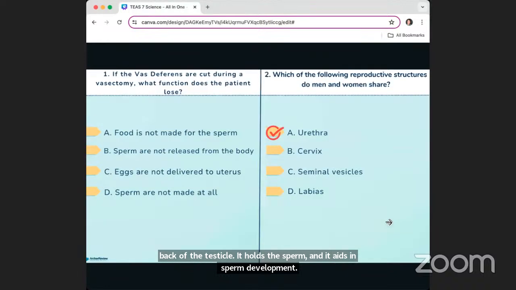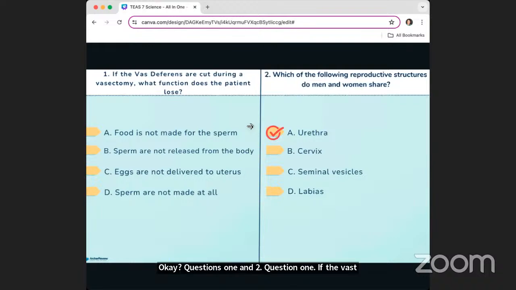Okay, questions 1 and 2. Question 1, if the vas deferens are cut during a vasectomy, what function does the patient lose? Question 2, which of the following reproductive structures do men and women share?